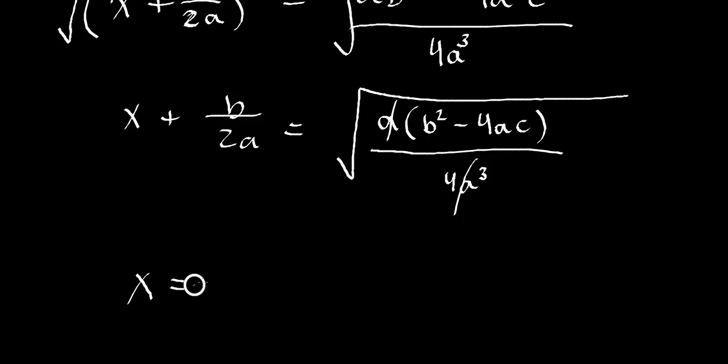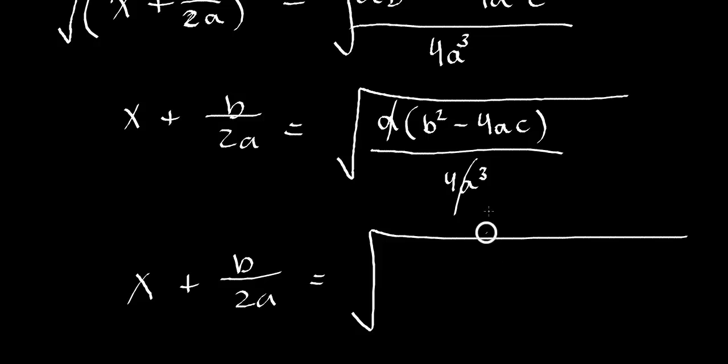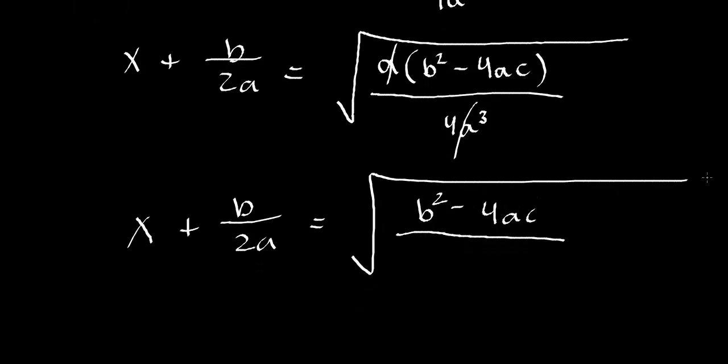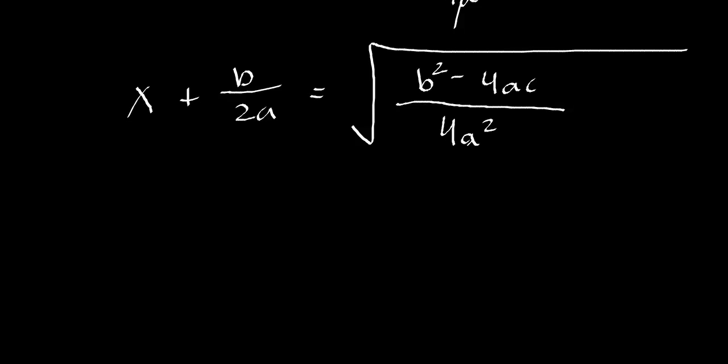And then, so what are we left with? Well, the a is gone, so we're left with b squared minus 4ac. Hopefully you recognize that. And we're left with a 4a squared, because we took one a out.